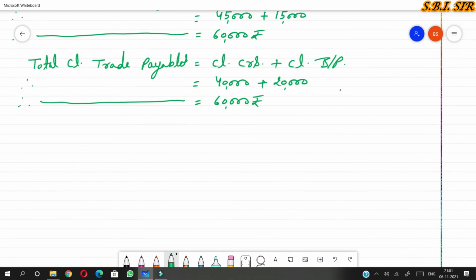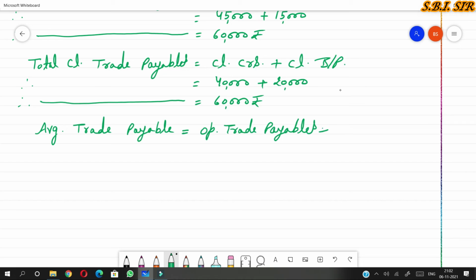Now we will find out average trade payables, which equals opening trade payables plus closing trade payables.